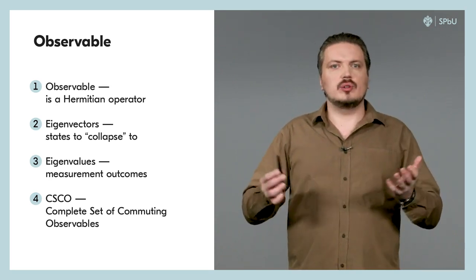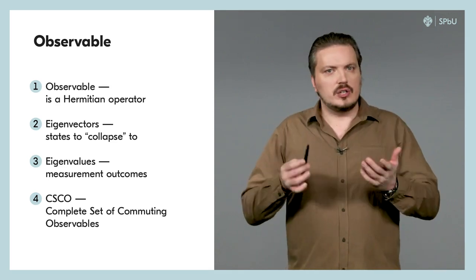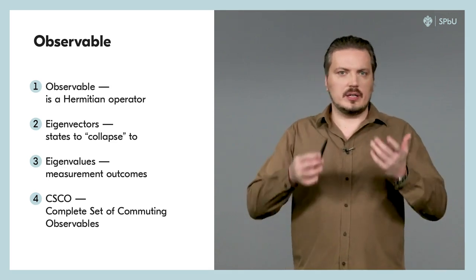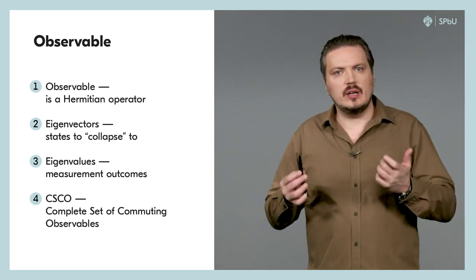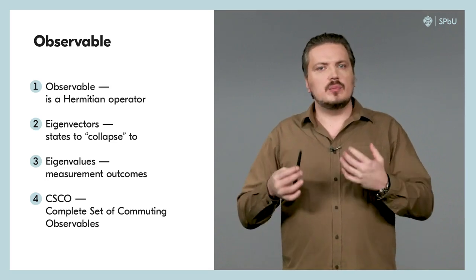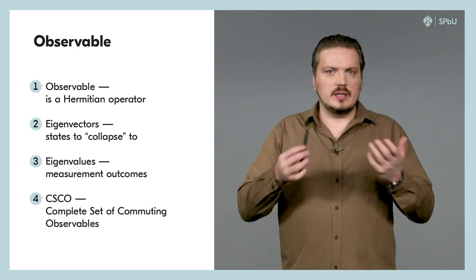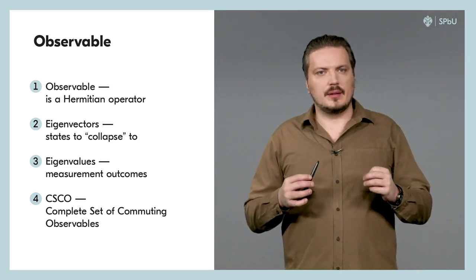So if we manage to implement a set of commuting observables, such that for each of their common eigenvectors there corresponds a non-degenerate eigenvalue of one of them, we will be able to obtain the most possible information about the state of a quantum system using this set of observables.